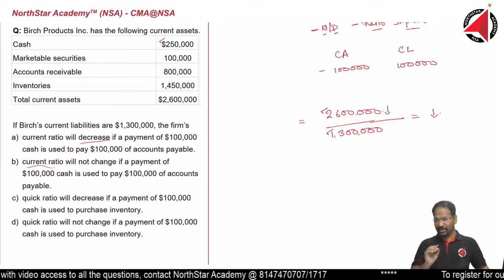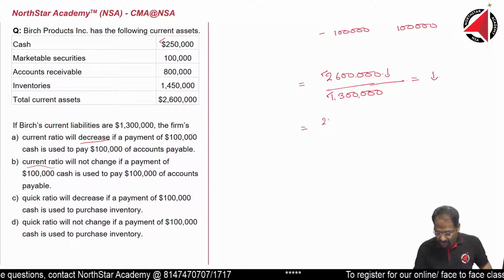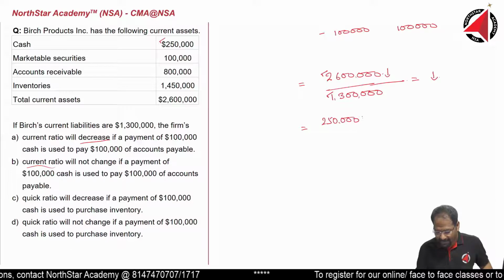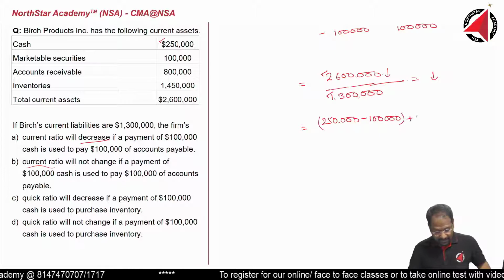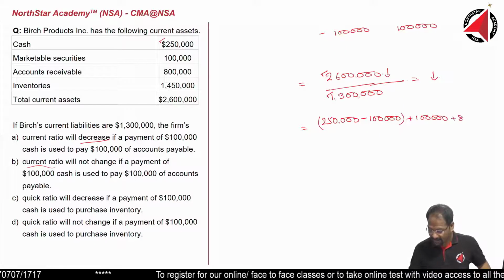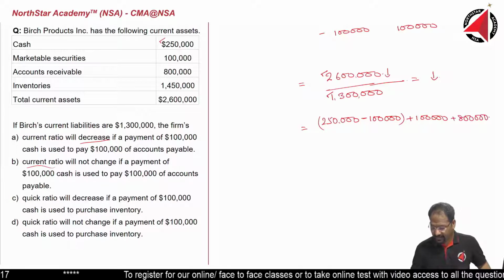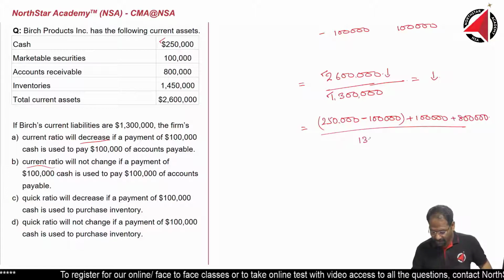If you are able to understand, fine. If not, you can calculate once again. Cash will become 250,000 minus 100,000, because we have paid 100,000 towards inventory, plus 100,000 as marketable securities, and plus 800,000 as accounts receivable, divided by 1.3 million.